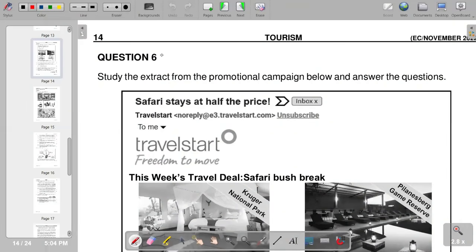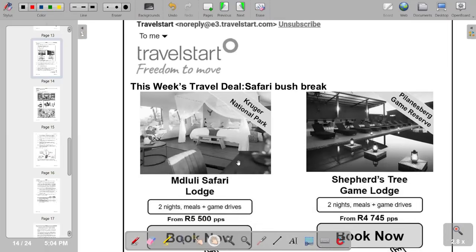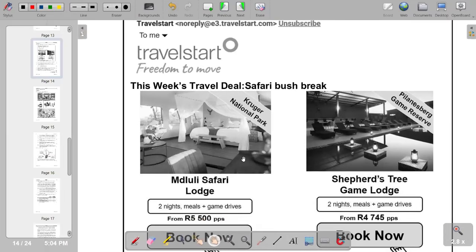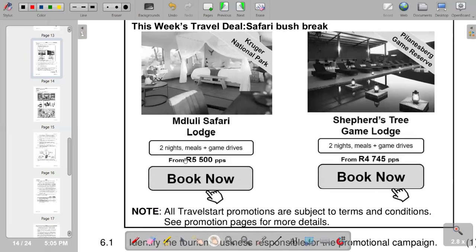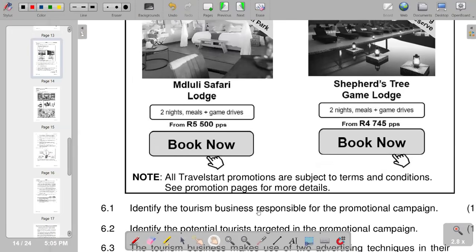So moving on to question 6, study the extract from the promotional campaign below and answer the questions. We are given the extract that you need to go through before you attempt the questions. The first question says, identify the tourism business responsible for the promotional campaign.